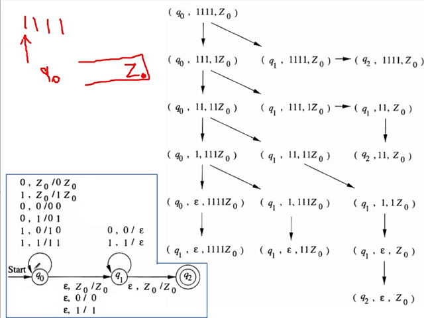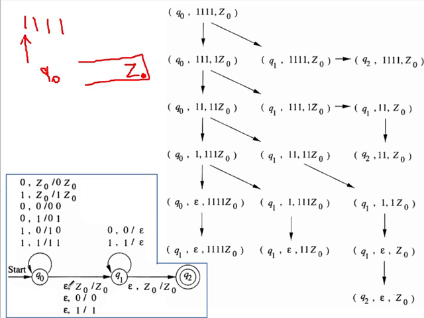Now you have multiple transitions here. You have epsilon transitions here. Let's see if you can make an epsilon transition. The current stack symbol is Z0, right? So if we are making an epsilon transition, then it should be this one, because this should match the current stack symbol.